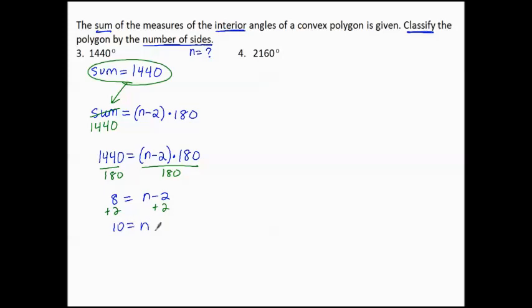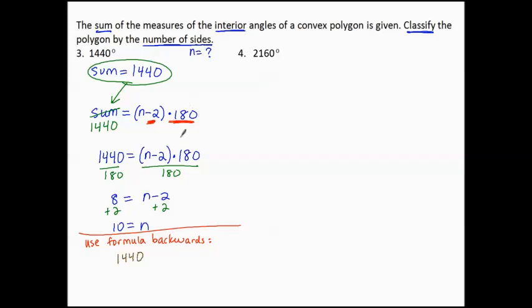Now, this is basically just using the formula backwards. Think of what it's like forwards and go backwards. We're subtracting 2 first, then we're multiplying by 180. So do those two things in the exact reverse order. We take the number they gave us, 1,440.